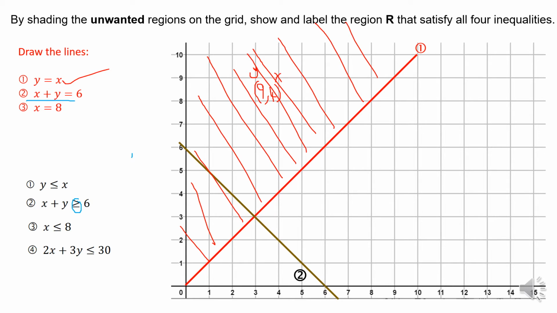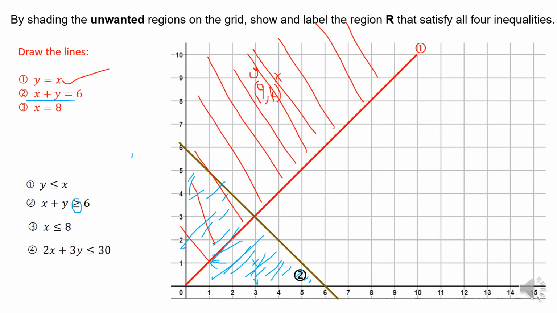So we are shading the region below, because if you pick here, you realize that x plus y is not going to be bigger than or equal to 6. Let's say x is 3 plus 1. When you have your 3 plus your 1, you get 4, which is not true. So this is the unwanted region. For that second line, you are going to shade below the line, because the wanted region is above the line.